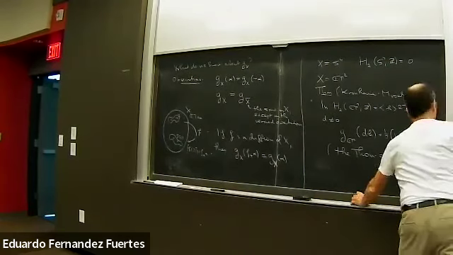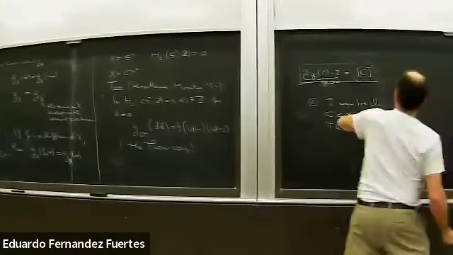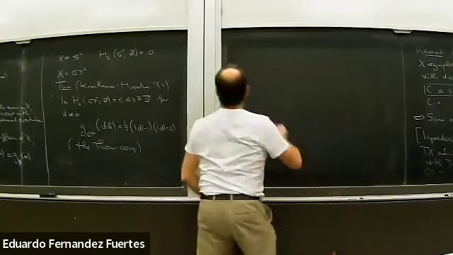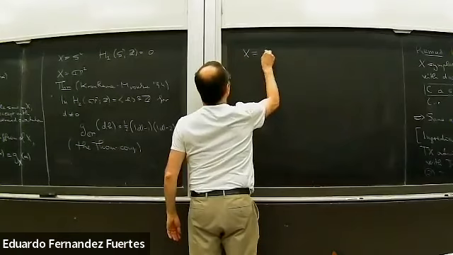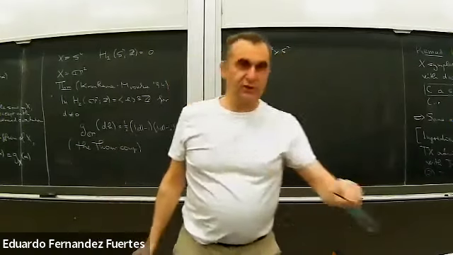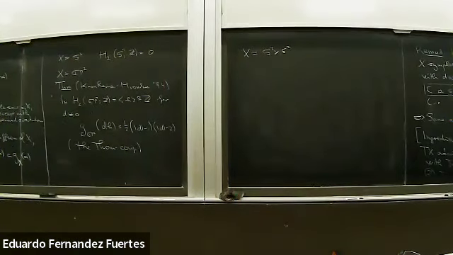Another example. Let's take X to be S2 cross S2. This is a simply connected four manifold, the product of two spheres.